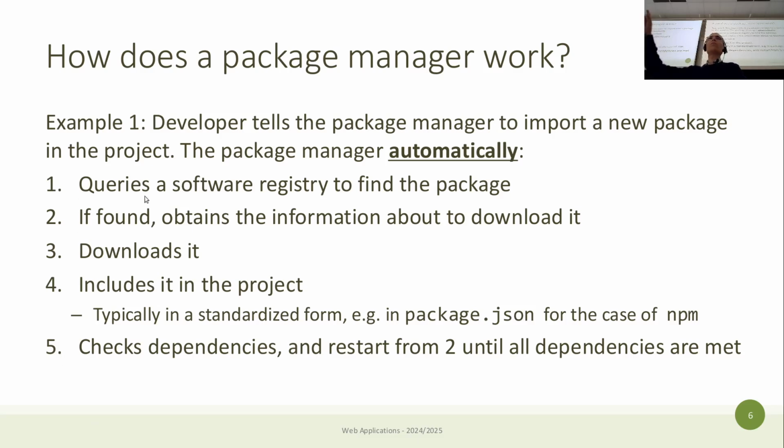It goes to the software registry, checks if the package exists, obtains all the information, downloads the code, and puts it into the project in a standardized form, as you saw last time, this package.json, and it writes the name of the package, the version, and so on. Today we will add some information about this package.json. And also, importantly, it checks dependencies and restarts from step 2 in case you need dependencies.